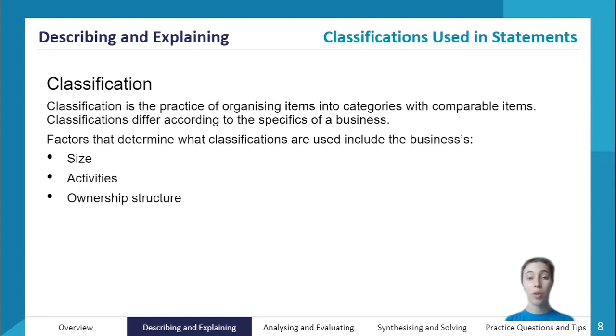For example, if you have a really huge organization, it's likely going to have more elements, more things that need to be subdivided into different categories, whereas a small sole trader business would be a lot more simple in its operations and wouldn't need as many different classifications. And activities as well, as we'll see, depending on whether it's a trading business or a service business, that's also going to impact the headings that are used.